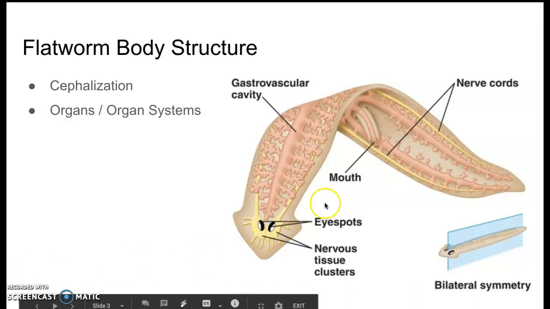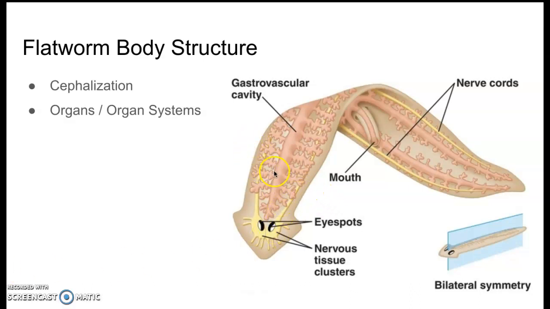So you notice here that they have a gastrovascular cavity, and their mouth is actually halfway through their body, where they absorb all their nutrients through this cavity, through this mouth. The gastrovascular cavity allows that food to be transported around the organism.